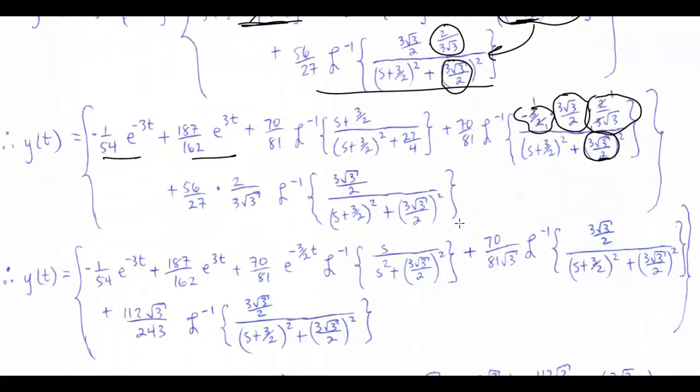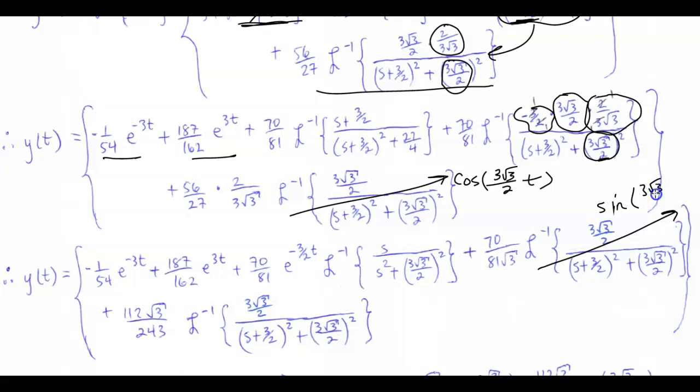Once I do all that and pull out the factors that I need, what remains here is just cosine of 3√3/2 t. And of course, I'm not done with this one because I've got to pull all that stuff out. So once I get to this one, then this will be sine of 3√3/2 t once I get there.